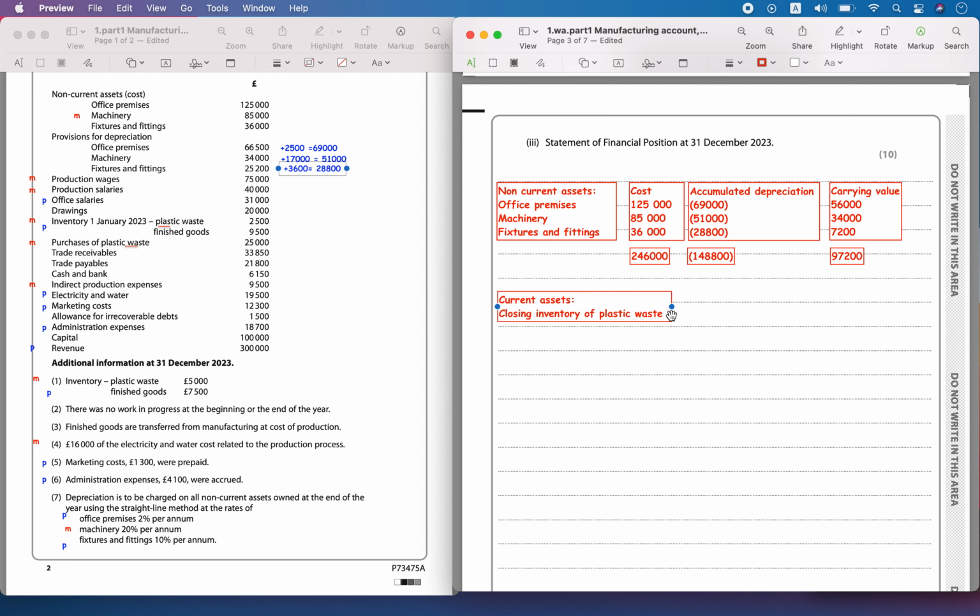So that is going to be around 5,000. And then you have the closing inventory of the finished goods.